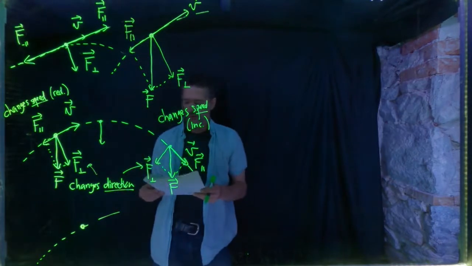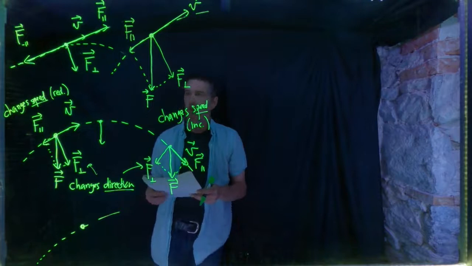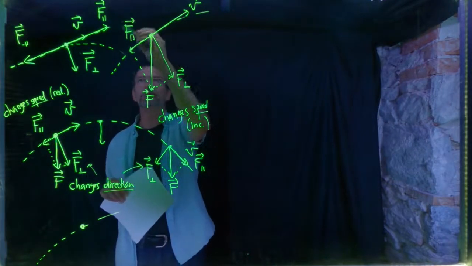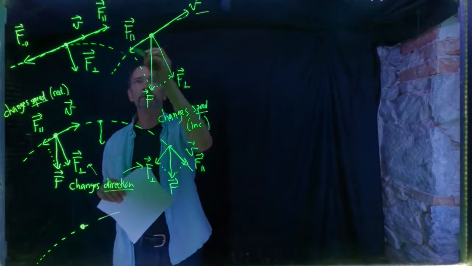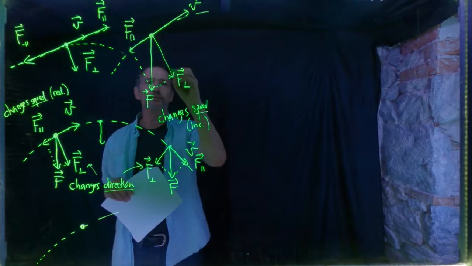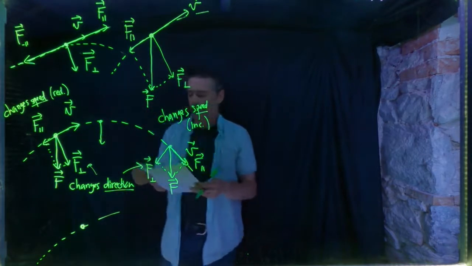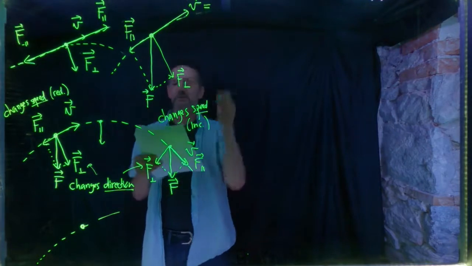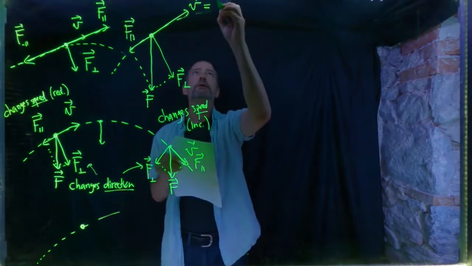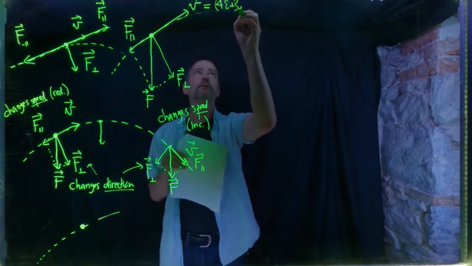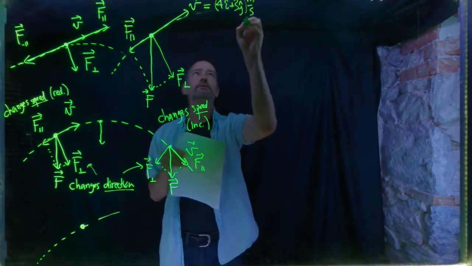And so what we really want to figure out is, first we'll use the vector dot product to figure out the component of force parallel to the motion, and then we'll use a bit of algebra to figure out the component of the force perpendicular. And so let's put in some numbers here. From a previous example, the velocity was 4 i hat plus 3 j hat meters per second.